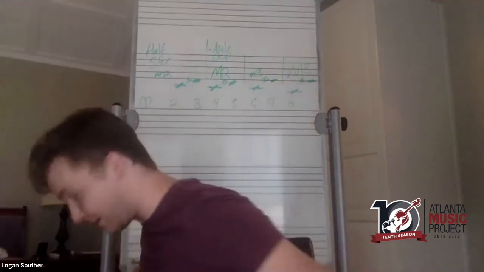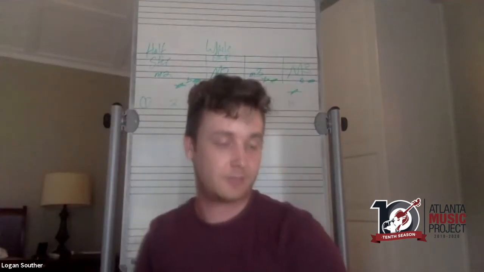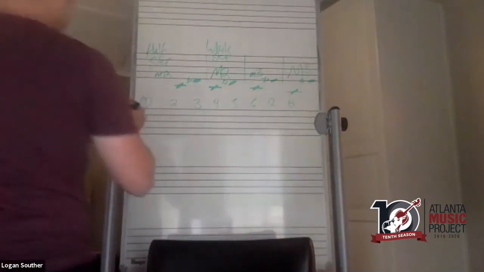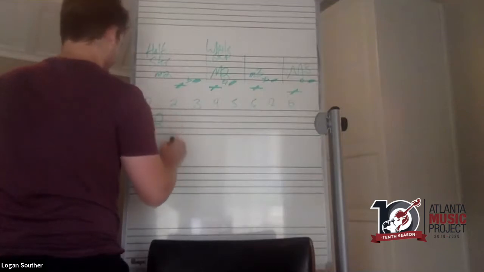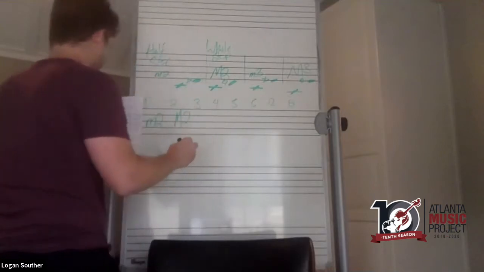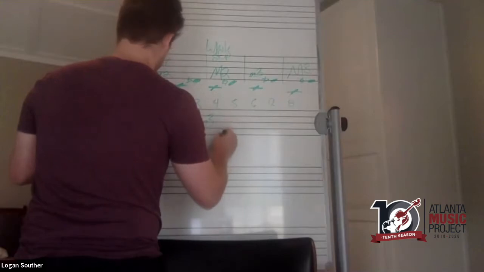All right, well, let us know how you did. I know these are tricky when we have more options available. Number 1 was a minor second. 2 was a major second. Number 3 was a minor third.